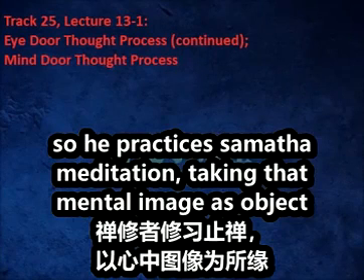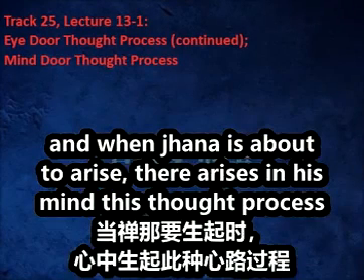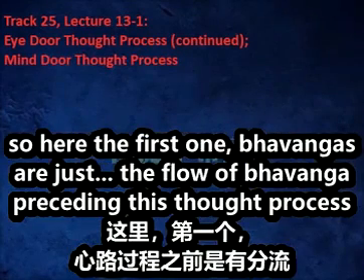So he practices samatha meditation, taking that mental image as object, and when jhana is about to arise, there arises in his mind this thought process. So here, the first ones, bhavangas, are just the flow of bhavanga preceding this thought process.